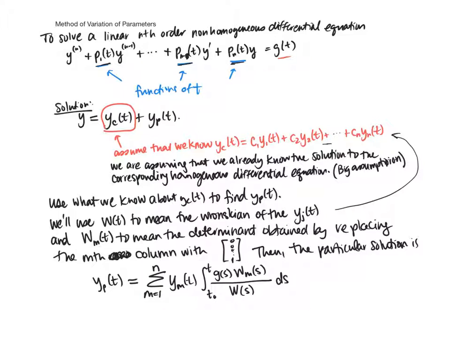Anyway, this g of s here is given by the right-hand side of our original differential equation up there. And then the W of s, that's the Wronskian with the mth column replaced by that column.